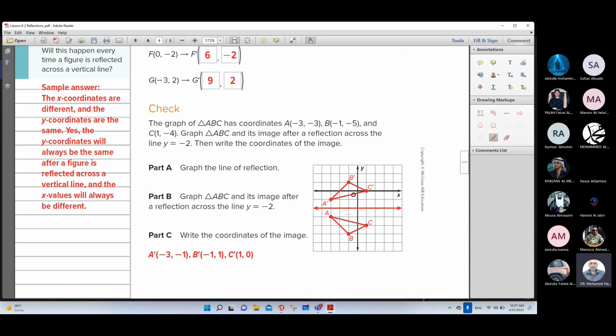And here the same idea, but the line will be parallel with the x-axis. If the line is parallel with the x-axis, it means we have the same x, but we have a difference in the y. And here we have A prime. What is the A? If we write the A, as you see here, -3.